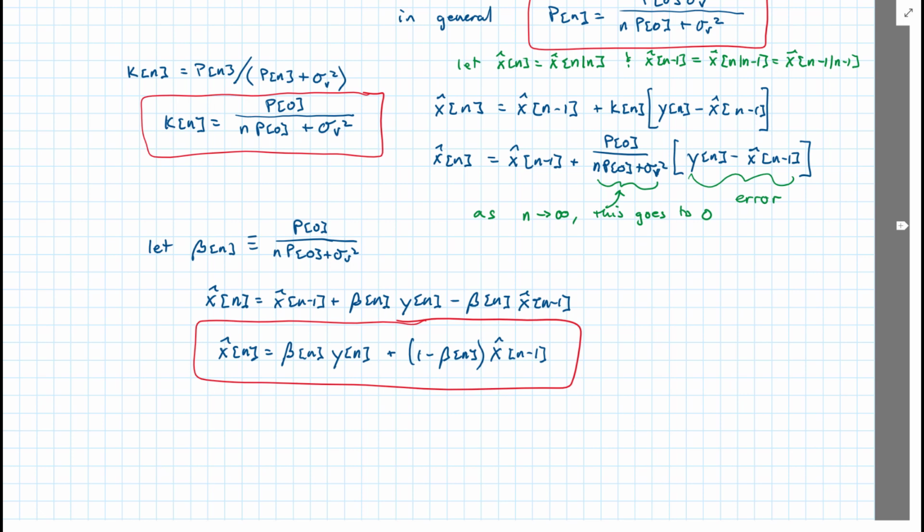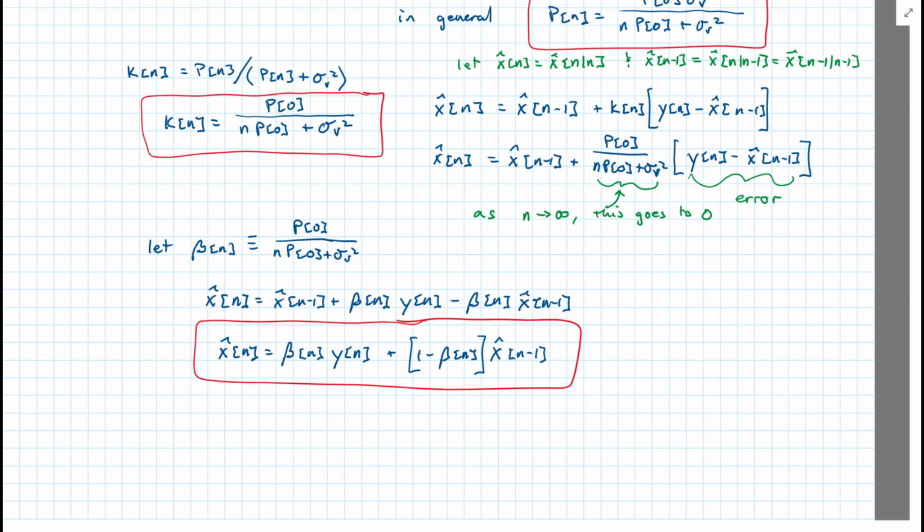And so the sense is upside down. But it's exactly the same type of thing. It's a recursive equation, recursive smoothing on our x. However, beta is not constant.